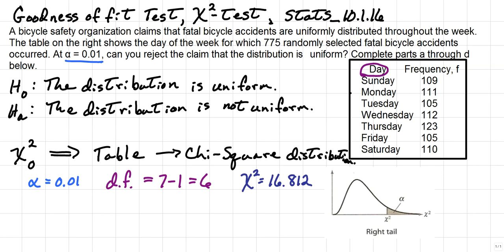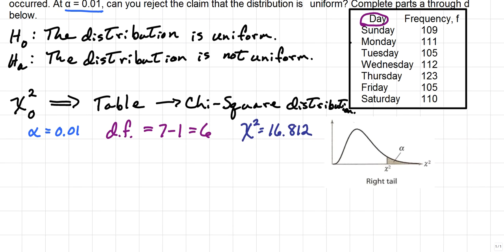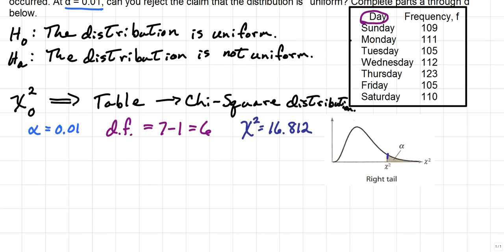This is a right-tailed test, so we know that our rejection region is going to be anything up here, beyond chi-square equals 16.812, and our alpha is 0.01. Now the next thing is to calculate the actual test statistic.